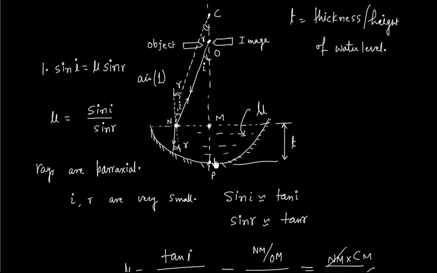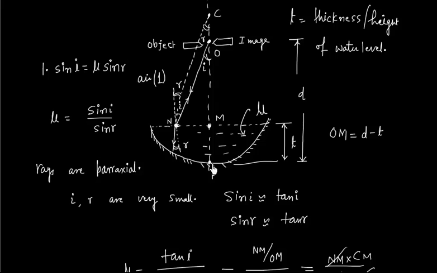Now this distance can be measured. So what is the position of object? This distance can be measured from experiment. Let us say this distance is D. So we can calculate OM is equal to D minus T. And we need CM.